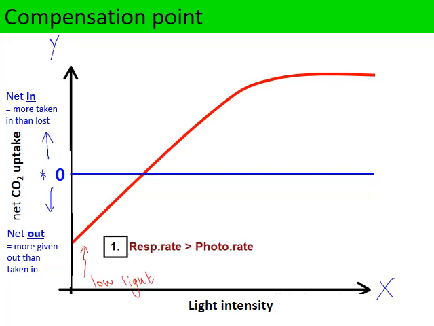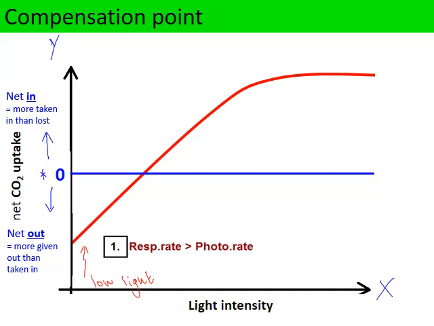So this portion here represents a low light intensity and the net uptake of carbon dioxide. If we've got low light intensity, we know the rate of photosynthesis is going to be limited because it depends on the absorption of light energy. So low light energy or low light intensity means a low rate of photosynthesis.